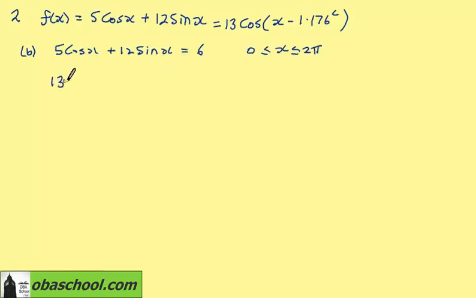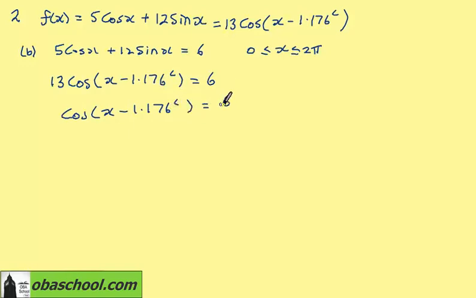So we have 13 cos(x take away 1.176 radians) is equal to 6. Therefore, cos(x take away 1.176 radians) is equal to 6 over 13.